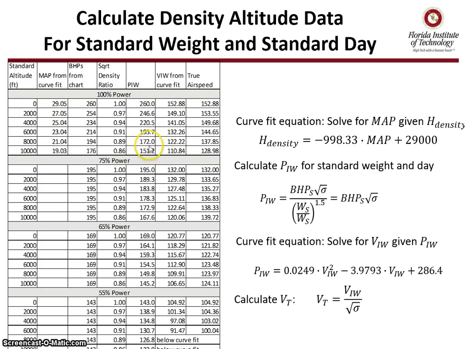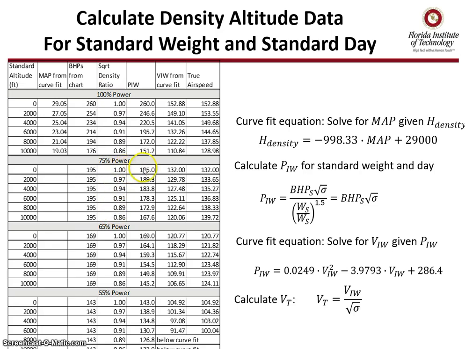I then want to generate data for 75% power, 65% power, and 55% power. To do that, I'd simply take my maximum horsepower at sea level, which is 260, multiply it by 0.75, and I get 195. That horsepower will be the same then for all altitudes. Density ratio, or the square root of density ratio, will be the same as this data for the same altitudes.